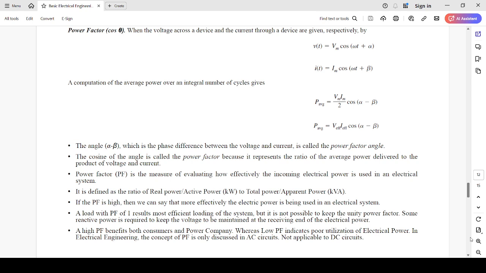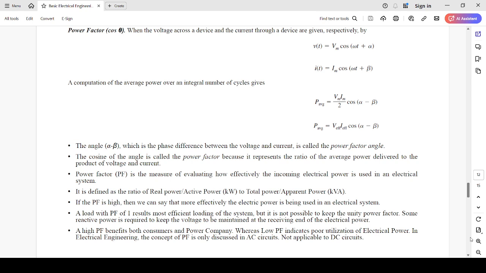So this power factor is the measure of how effectively the incoming electrical power is being utilized in the electrical systems. It is also estimated by the ratio of real power divided by apparent power. If the power factor is high, then we can conclude that the electrical power being generated is being used efficiently.